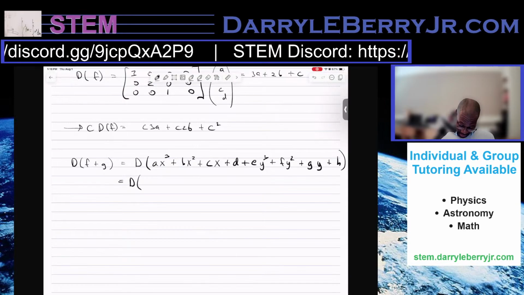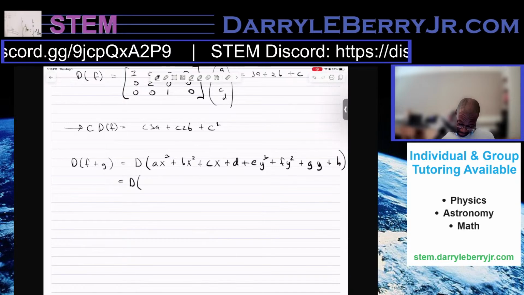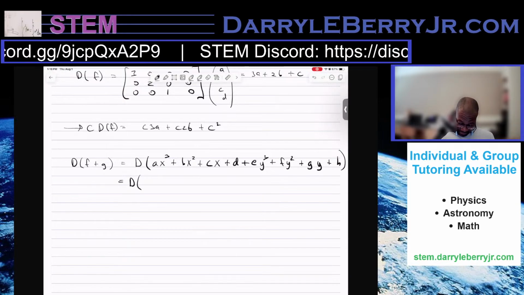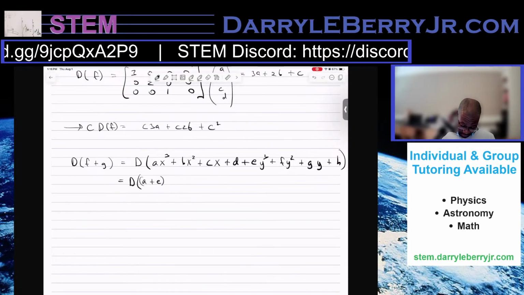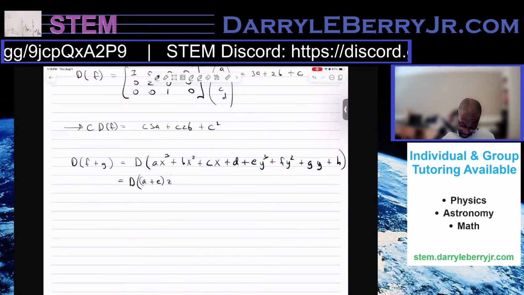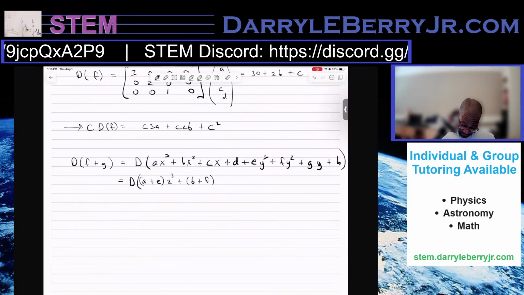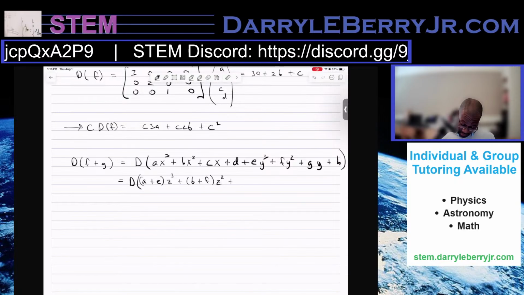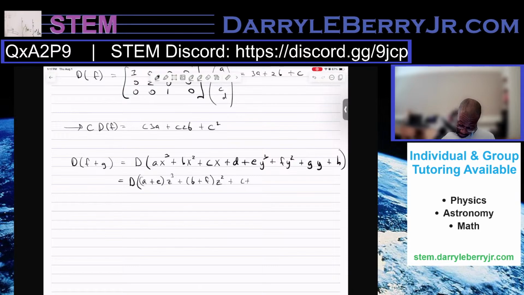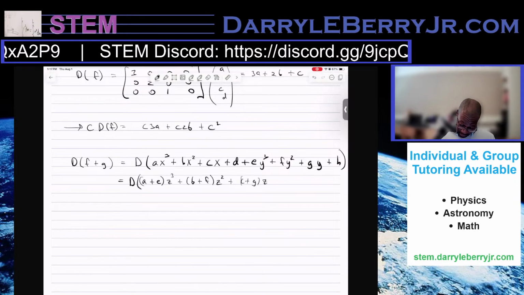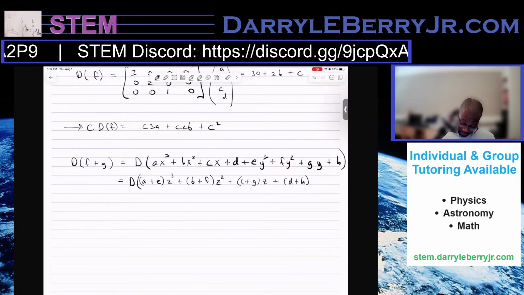So what I'll do is, if I'm using random variables, I should have made the x and y something else, so I'll just make it z. So I'll say a plus e times z cubed plus b plus f times z squared plus c plus g times z plus d plus h.